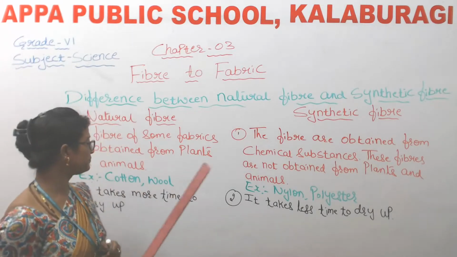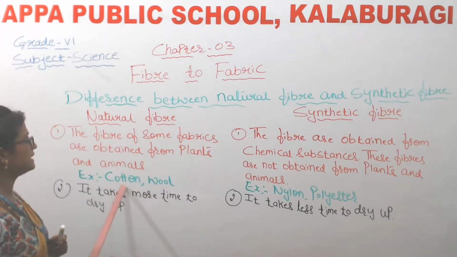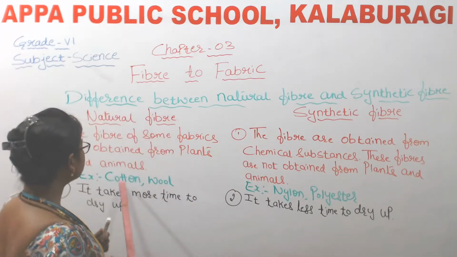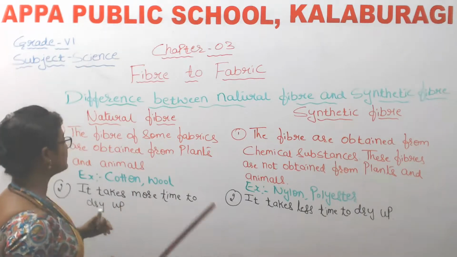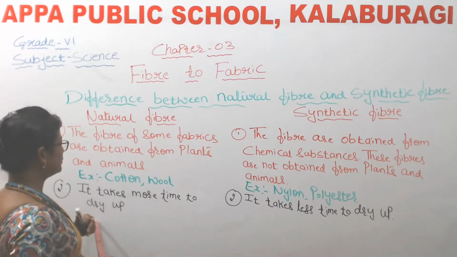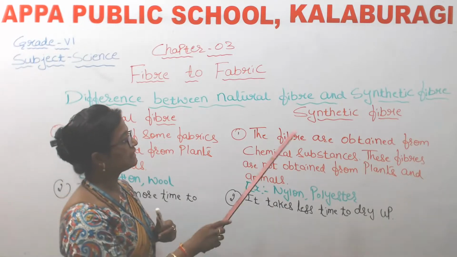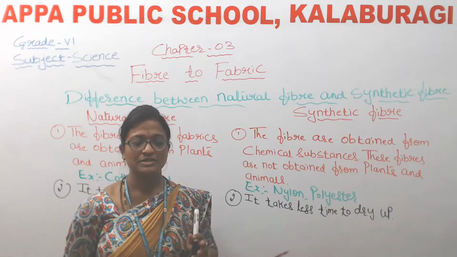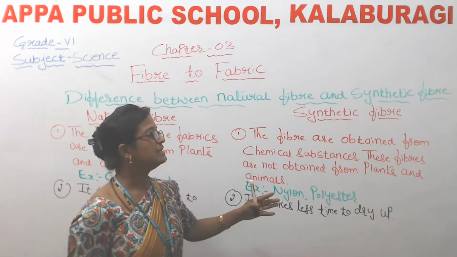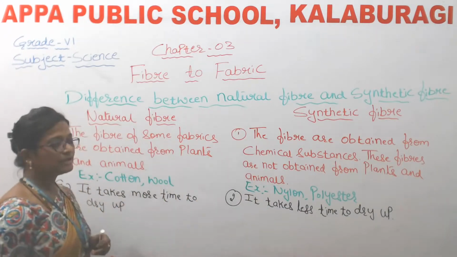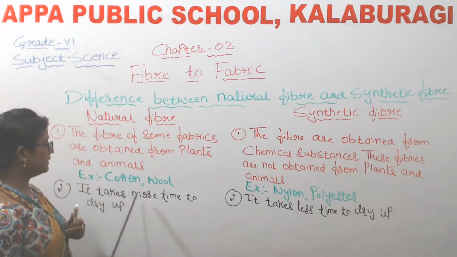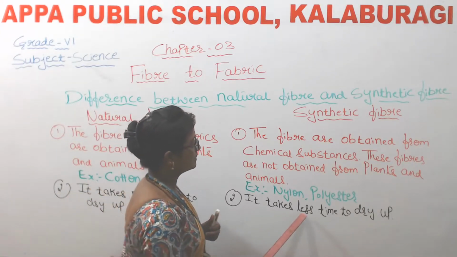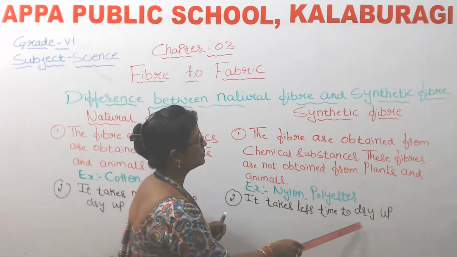Natural fibers means, as I said, cotton, wool. These are the examples of natural fibers. So these types of fabrics take more time to dry up, whereas synthetic fibers take less time to dry up. So this is the difference between the natural fiber and the synthetic fiber. Which fiber takes more time? Natural fiber takes more time to dry up, whereas synthetic fiber takes less time to dry up.